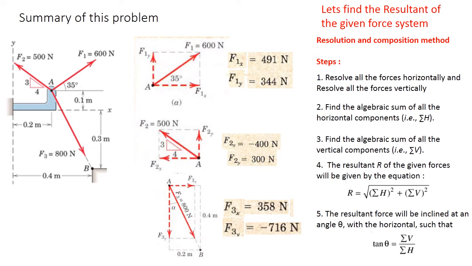If the same problem continues, to find the resultant, first we consider the 600 force. We find its components: we got 491 as the horizontal component and 344 as the vertical component.